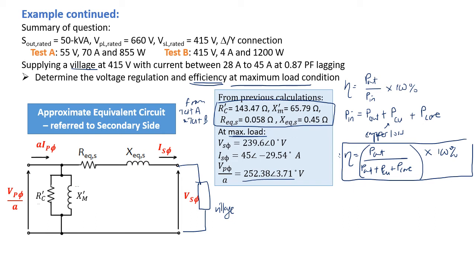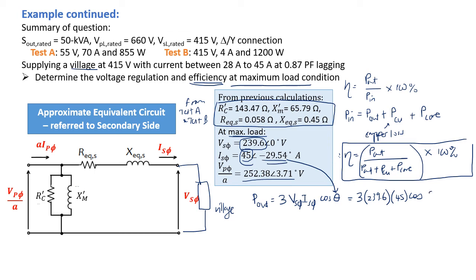Now, in order to find P out, for the three-phase transformer, P out is 3 times VS phase times IS phase times cos theta. So in this case, we take the magnitude of VS phase and IS phase. So 3 times the magnitude of VS phase, 239.6, the magnitude of IS phase, 45, and cosine of the angle of the current. The angle of the current will be the theta.